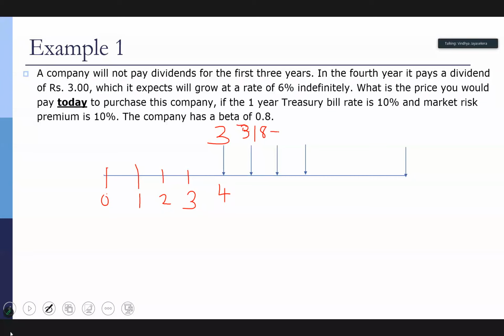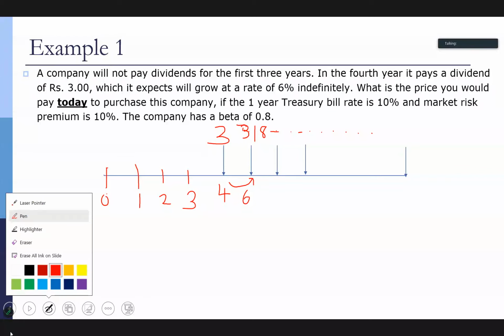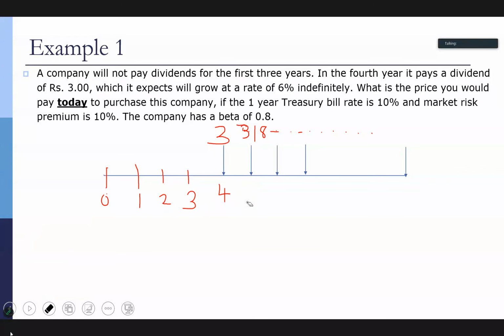And so on. It will keep on growing at 6% forever, right? So from here, it grows at 6%. It's different. And from here, it grows at 6%.